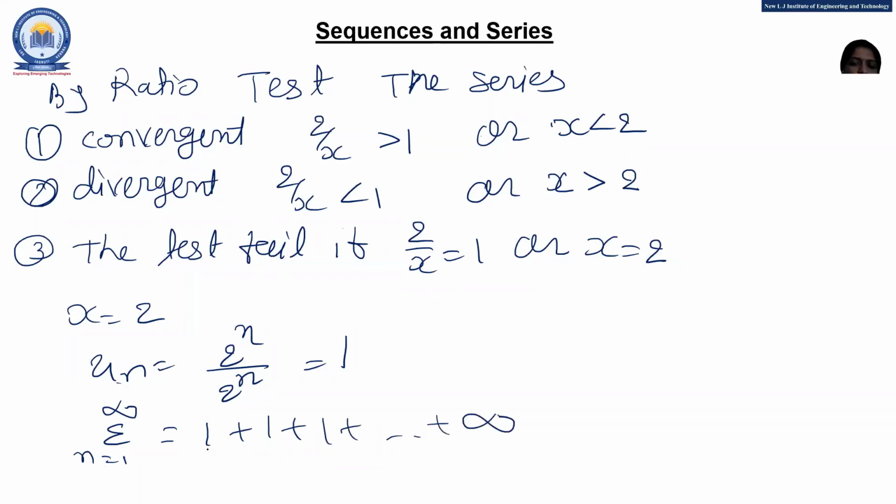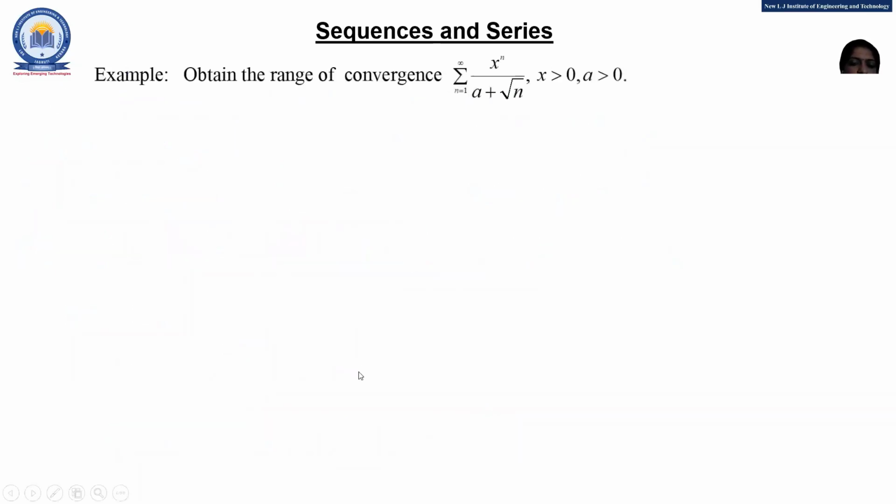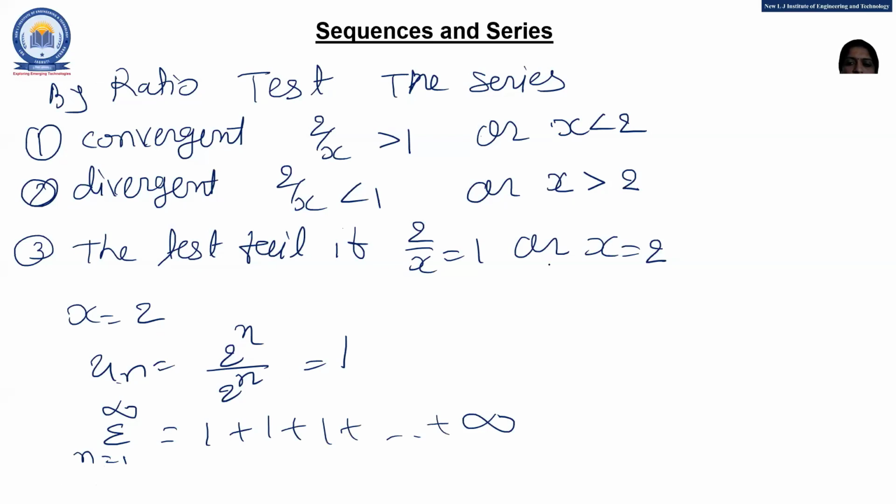It means this kind of series is divergent. Here the limit as n tends to infinity is 1, so the series is divergent.